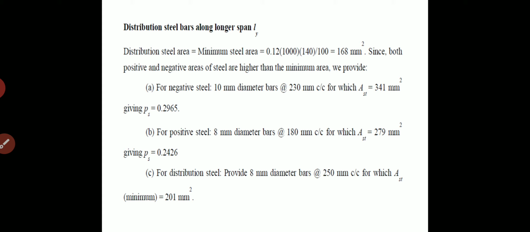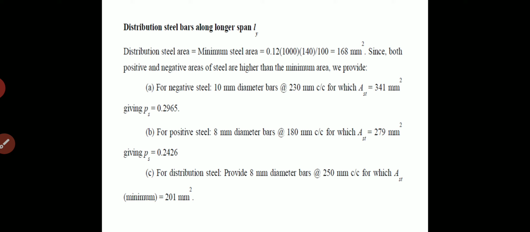For negative steel, 10 mm diameter bars at the rate of 230 center to center, for which AST is 341 mm square, giving Pt equal to 0.2965. Here 10 mm is the bar diameter and 230 the spacing.